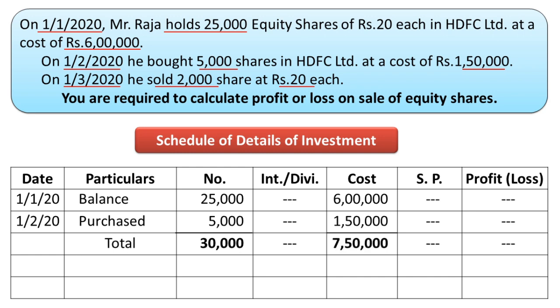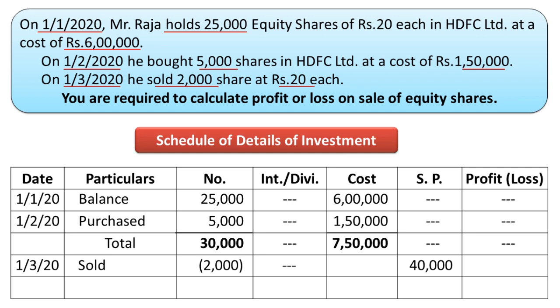And then we'll record the transaction of sales on 1st March 2020. It is the number of shares sold, 2,000, at a price of rupees 20 each, and therefore selling price becomes 40,000 that we have to record in the selling price column.